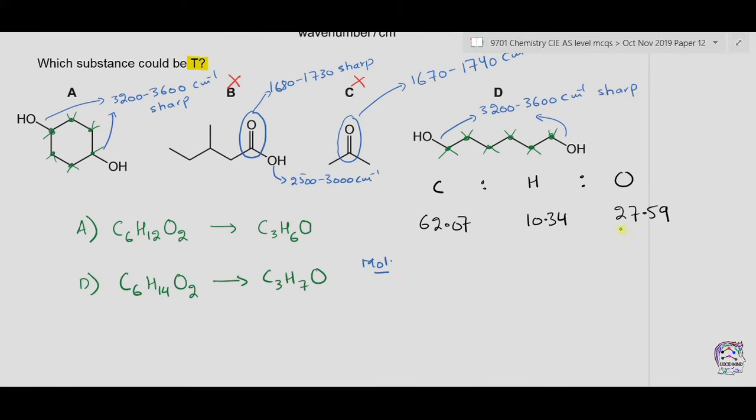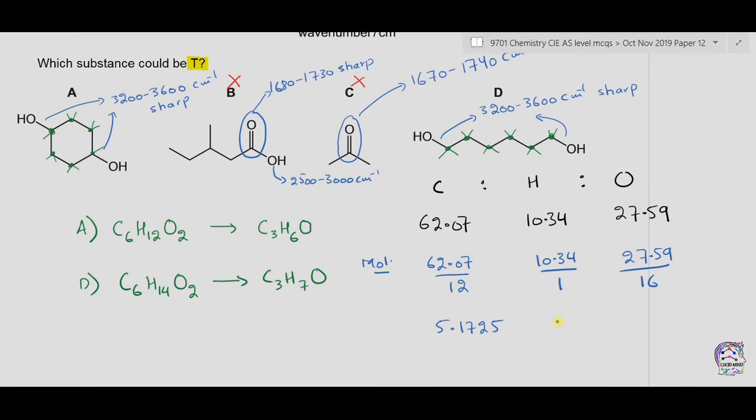So we can take these percentage values as mass in grams. So it would be 62.07 divided by atomic mass of carbon, which is 12, 10.34% divided by atomic mass of hydrogen, which is 1, and 27.59% in grams divided by atomic mass of oxygen, which is 16.